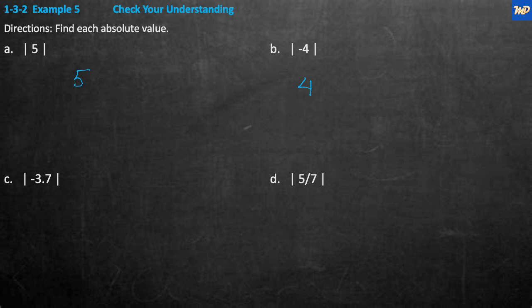The absolute value of negative 3.7 is 3.7. And how about finally D? The absolute value of 5/7 is what? Well, what's the distance 5/7 is from 0 on the number line? It is 5/7. Okay?